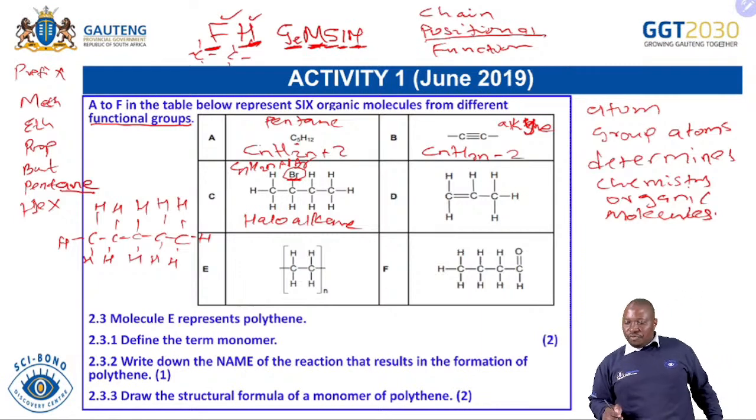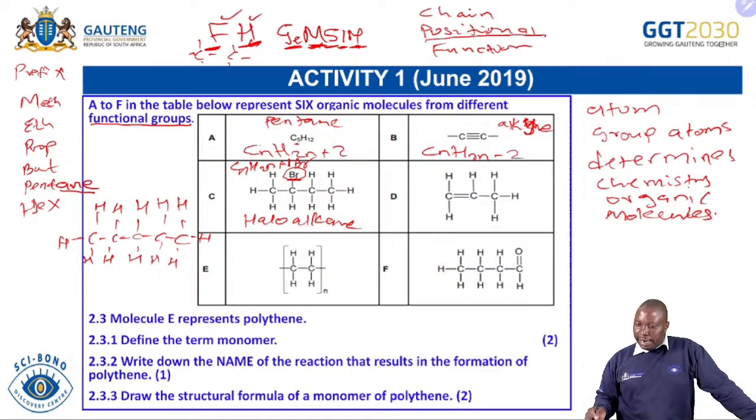Now, when you move forward, you're able to say, okay, let me look at number D. So you apply the same strategy, FH Jameson. You're saying, okay, let me look at it now. What do I have? What is the functional group? It's a carbon-carbon double bond. Oh, you know, the homologous series must be alkene. Because of that carbon-carbon double bond, you know this is an alkene.